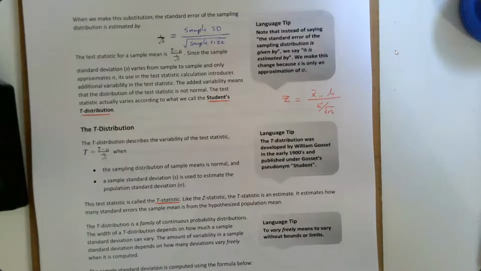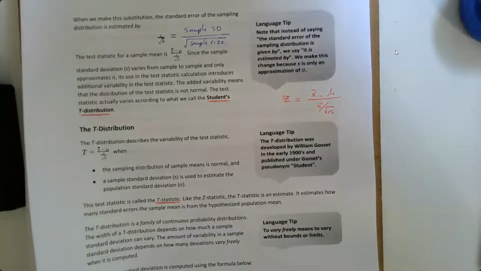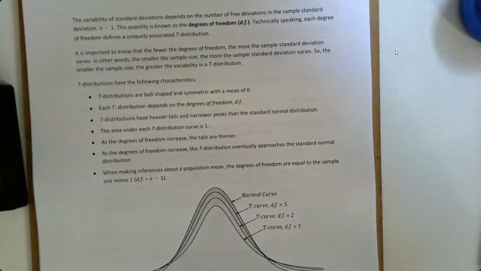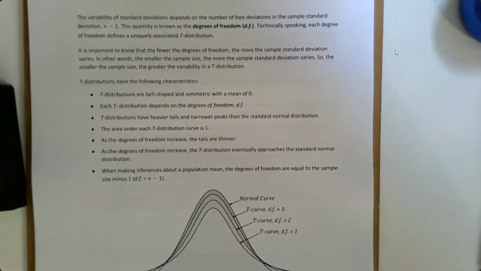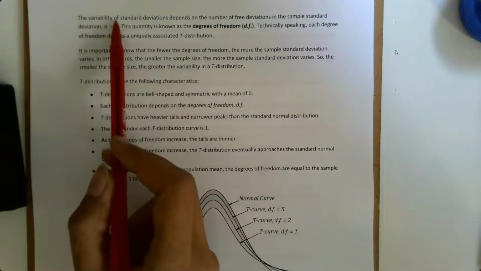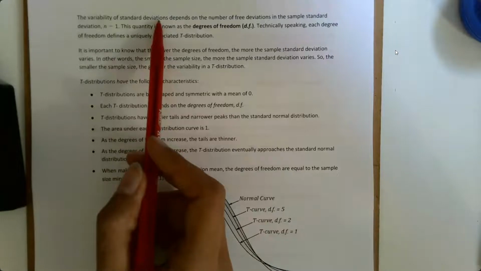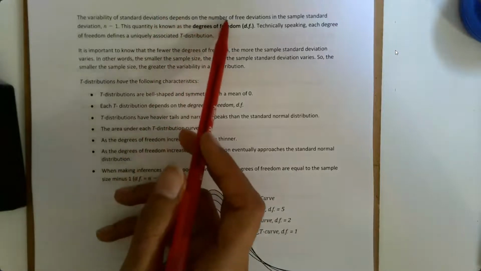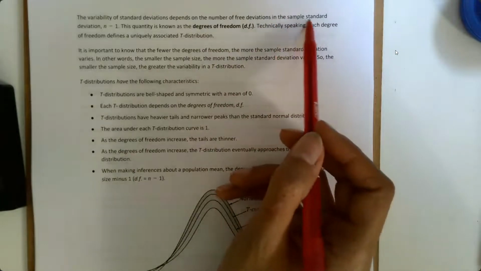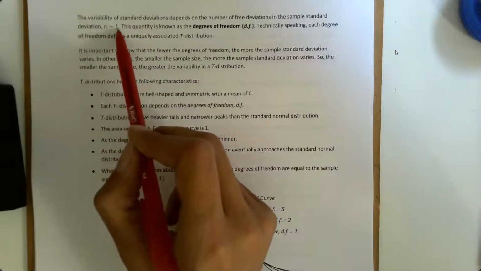Well, next page gives us more description about the degrees of freedom. The variability of standard deviations depends on the number of free deviations in the sample standard deviation, or n minus 1.